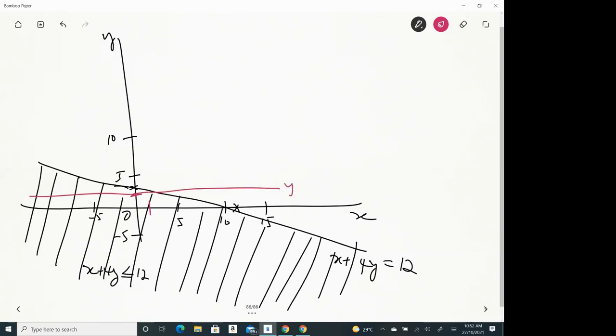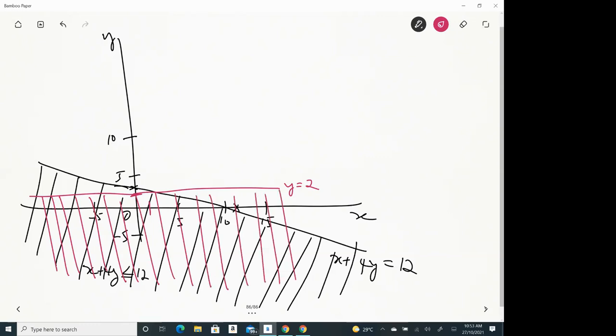We want less than, so less than will be the one below. So here, y less or equal to 2. Everybody got it?